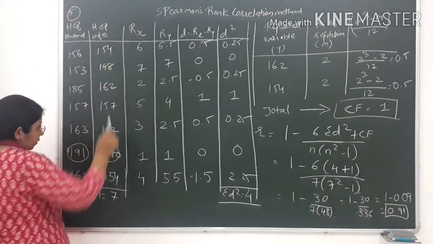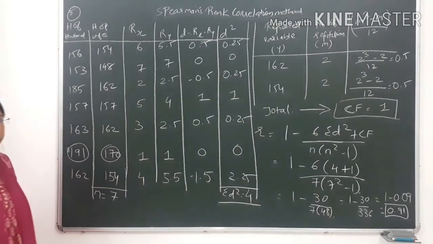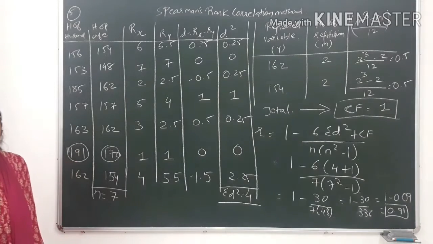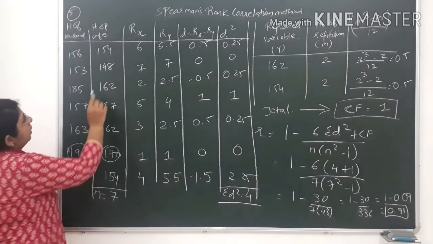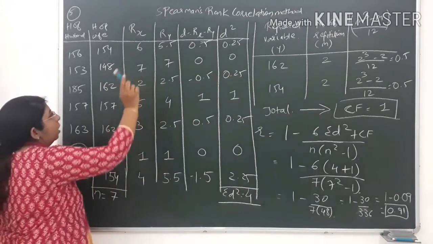So in both the values of 154, you will write 5.5, 5.5. After writing 5.5, 5.5, the 6th rank will be skipped. So now you will continue with the 7th rank. So the 7th and last rank is given to 148.